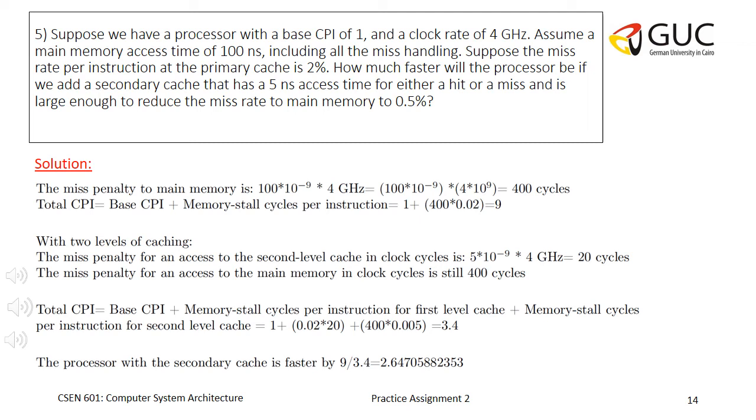Okay, but since we will access the second cache as well, we have an access time of only 5 nanoseconds, and the miss rate between cache 2 and the main memory will be 0.5% only, which is 0.005.